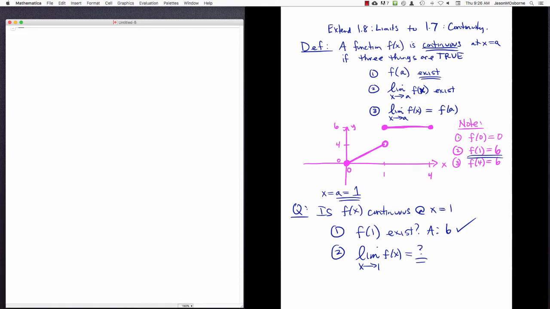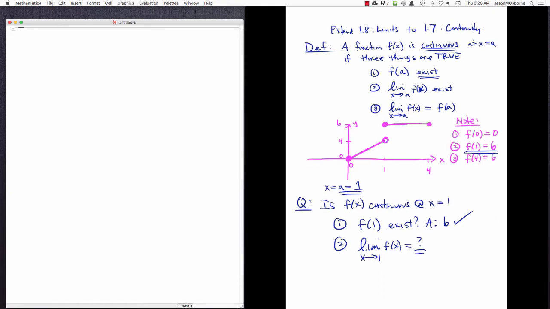Can you find it? This is where we're going to have some difficulties, because this limit doesn't appear to exist. From the right, as we get close to 1, the limit is equal to 6. But from the left, as x gets closer and closer to 1, the limit is getting closer and closer to 4.